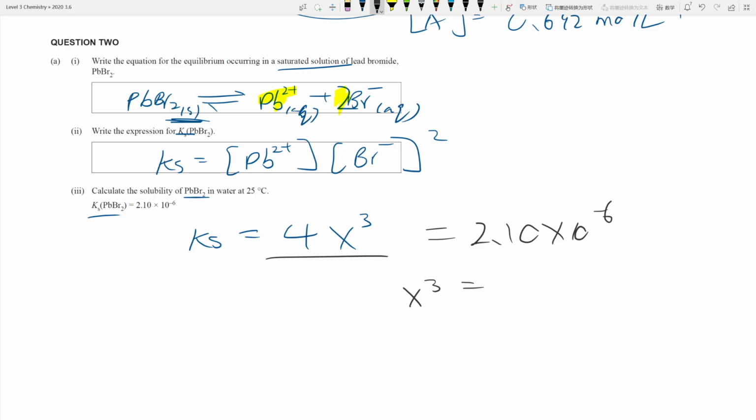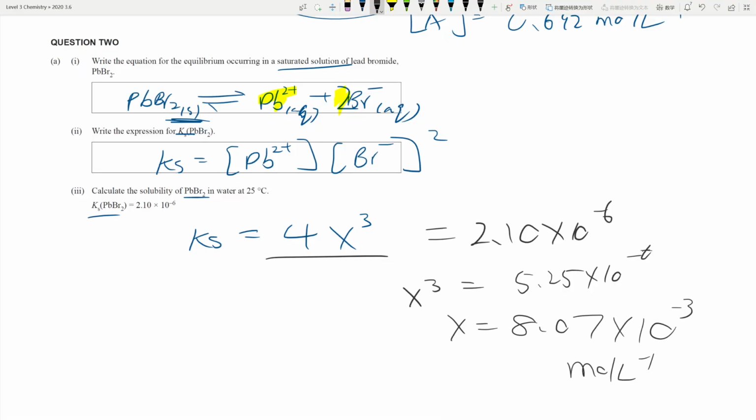Divide by 4 first, giving 5.25 times 10 to the power negative 7, and then cube root that number. So x equals 8.07 times 10 to the power negative 3 moles per liter. Make sure solubility has a unit of moles per liter.